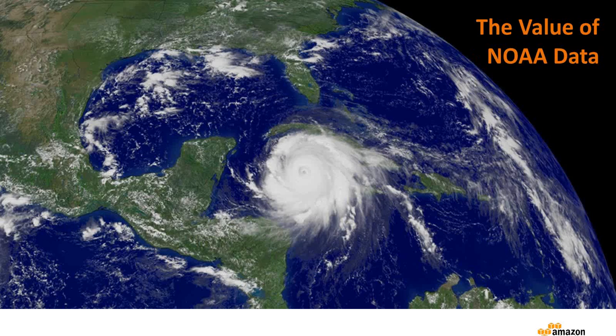The value of NOAA data. Well, as many of you probably know, NOAA produces over 20 terabytes of data every day, and the small subset that they make available to the public already drives multi-billion-dollar industries and really critical research efforts. And we already see how this data is used in applications across many, many sectors.